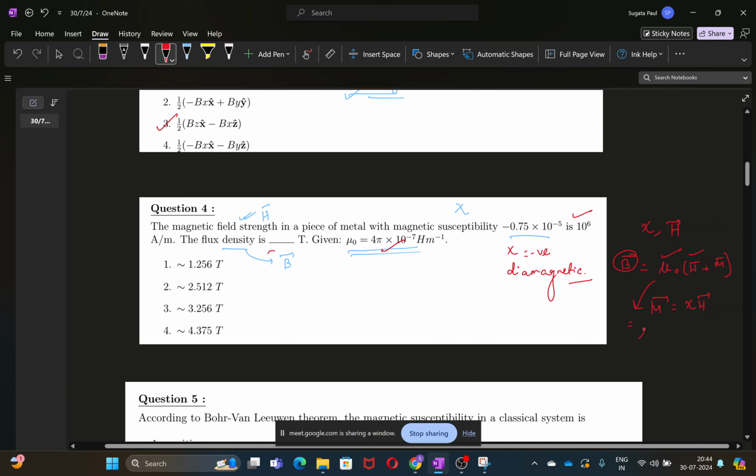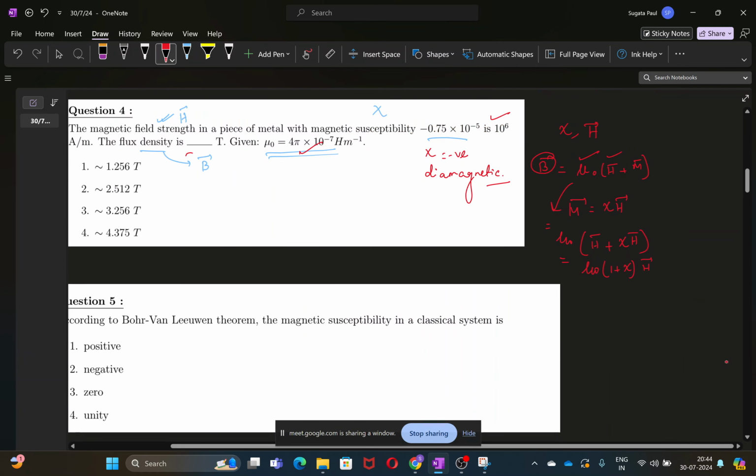So in this case, if you go further, just put the value of M in here. So it is mu naught into H plus, replacing M by chi times H. Just take H common, and what you are left with is mu naught into 1 plus chi, times the H vector.